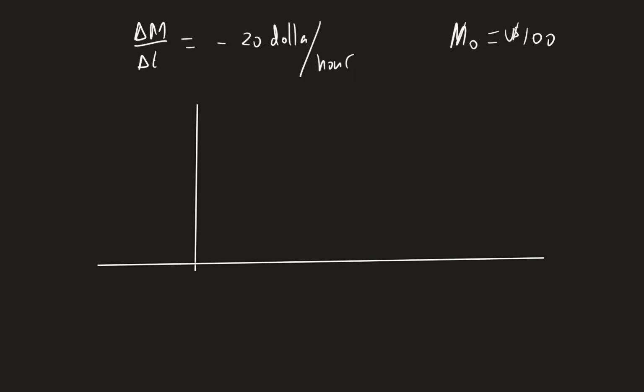So you start at the level of 100. After 1 hour, you are at the level of 80 because you pay $20. So 1 hour spent, $20 that you pay. Then 2 hours. Time t in hours, M in dollars.